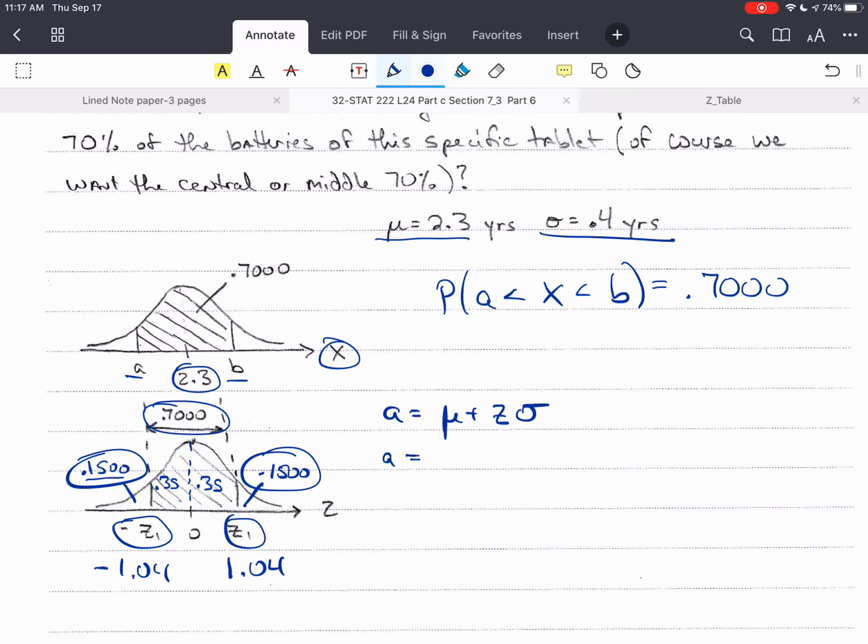So this is A equals 2.3 plus a negative 1.04 times 0.4, our standard deviation. And so this becomes 2.3 minus 1.04 times 0.4.